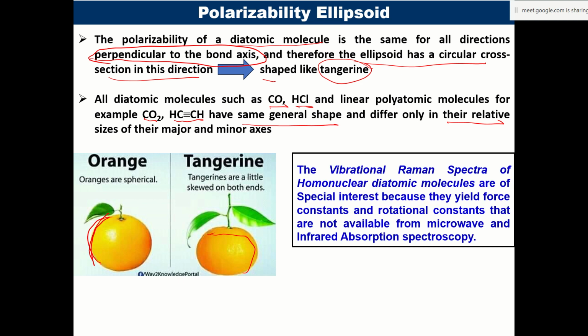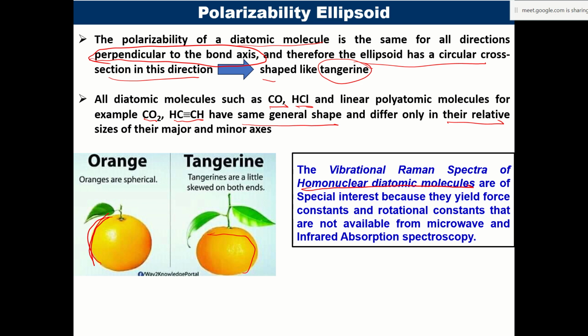Okay, so this was very important because for diatomic molecules in particular, homonuclear diatomic which has no dipole moment, there was no way you could find the rotational constant, and if you are not able to find the rotational constant you can't find the bond length.